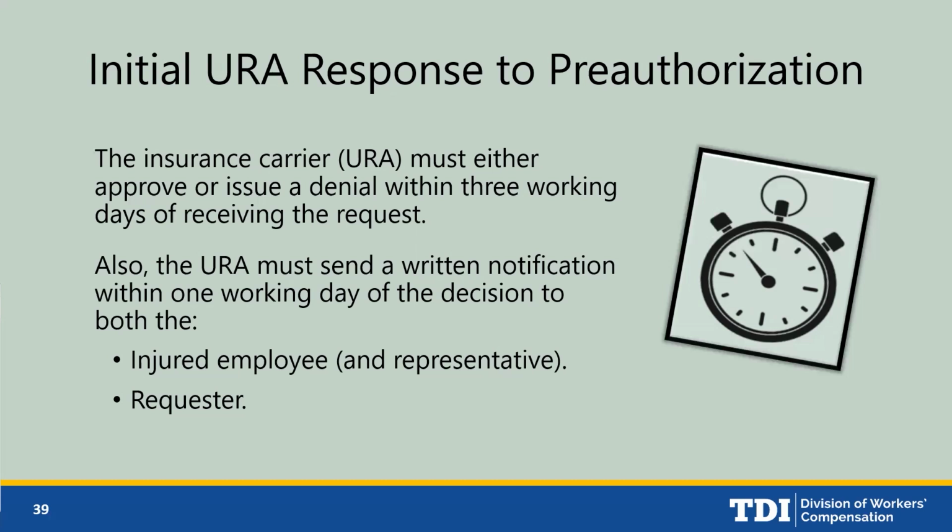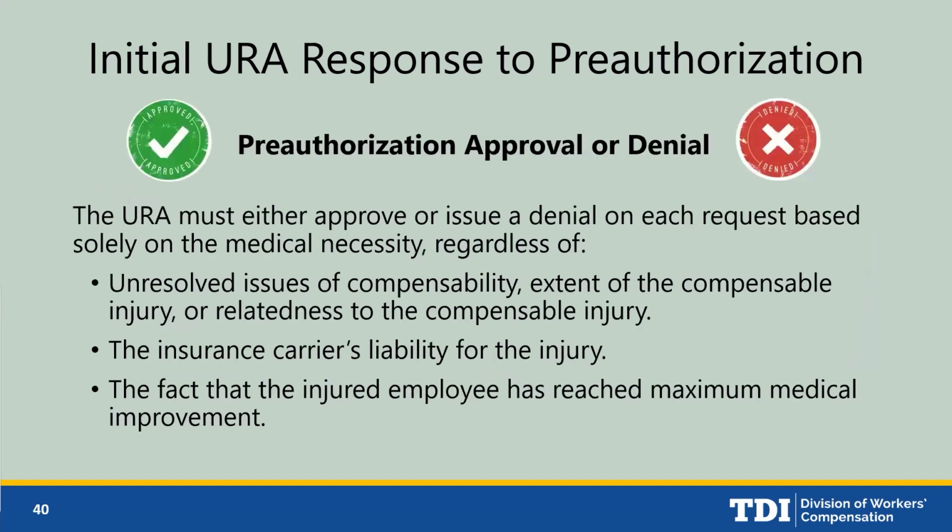So if they make a decision on Tuesday, they need to send that decision within 1 day to the injured employee and the requester of the outcome. So again, all of this time frame starts when you submit your pre-auth, you swing your pre-auth request to the utilization review agent. So their initial response can either be an approval or a denial.